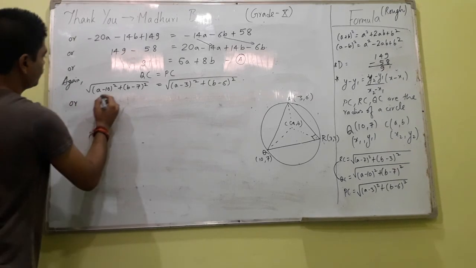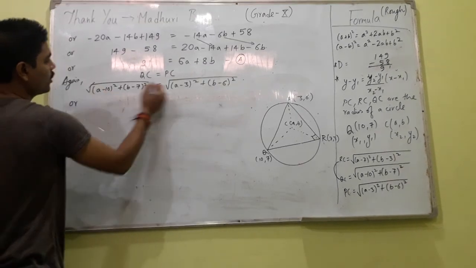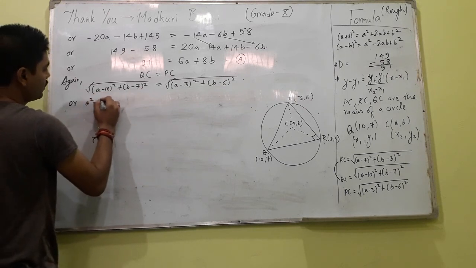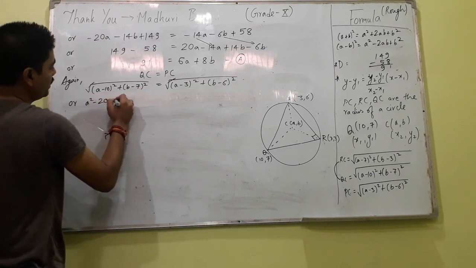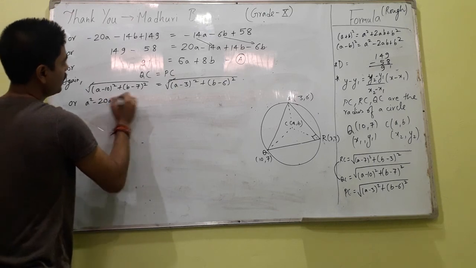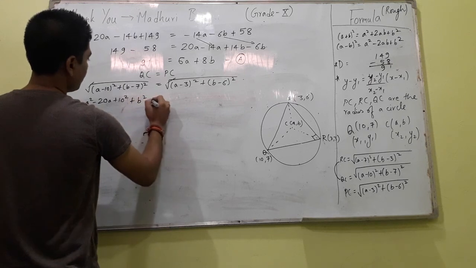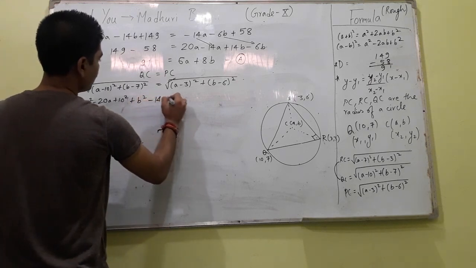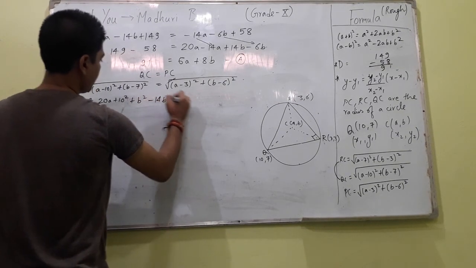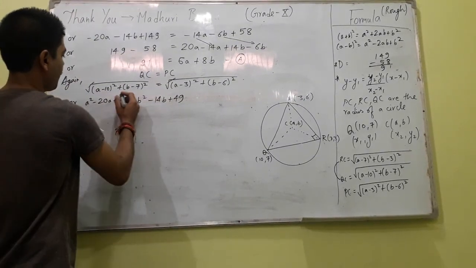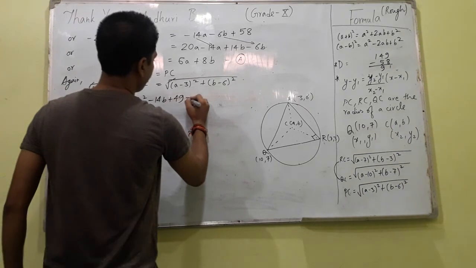Squaring both sides, the root will be cancelled. And you can open this using the formula now. A square minus 20a plus a square, b square minus 14b plus b square, plus 100 plus 49.